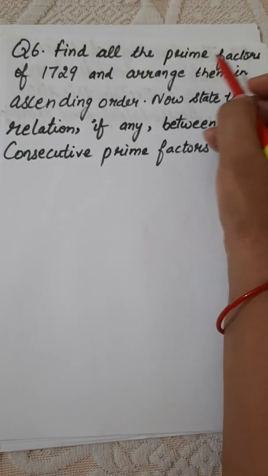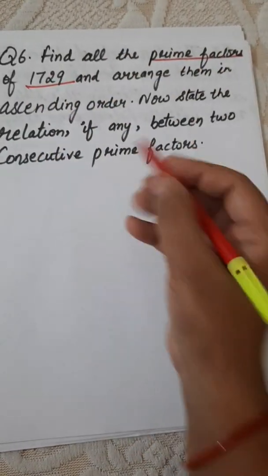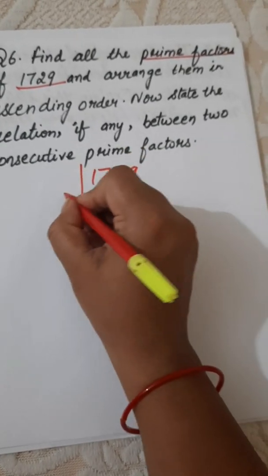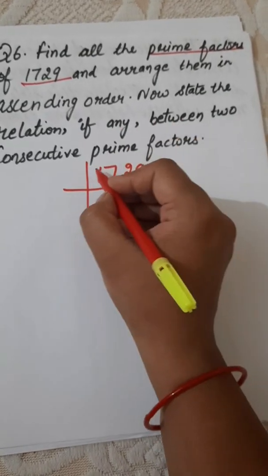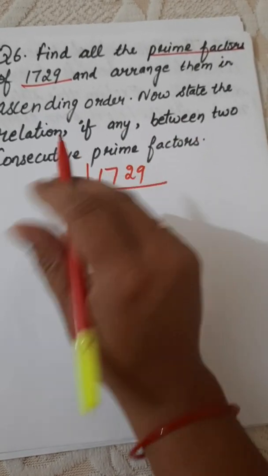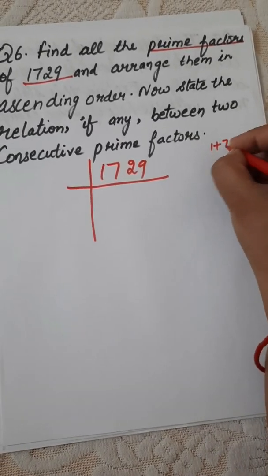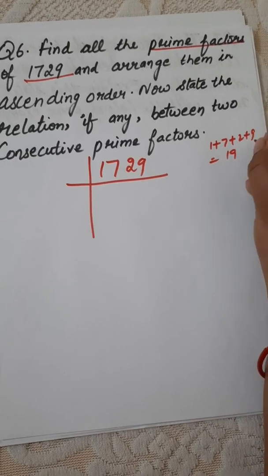Again, we have the same kind of question. Find all the prime factors of 1729. So you have 1729. You have to write the prime factors for this. Let's check from 2. It is not divisible by 2. Then for 3, just add all the digits. So here you get 19.